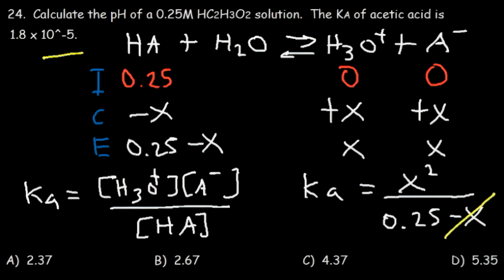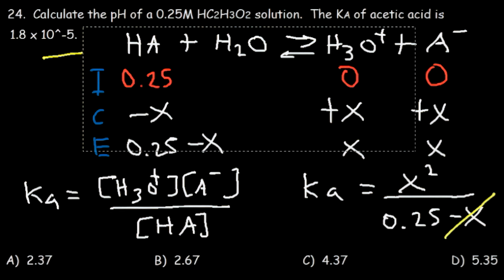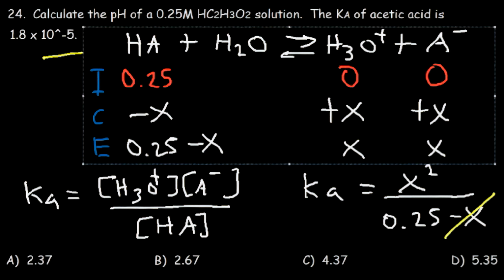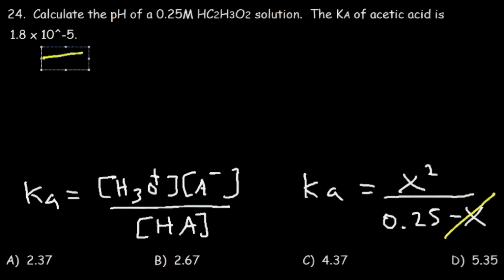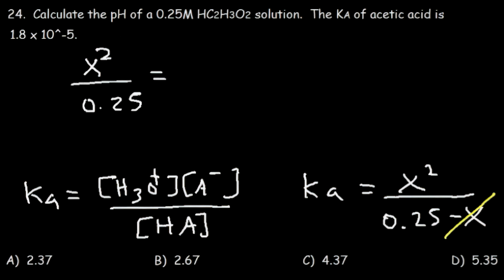So let me make some space first. So the simplified expression that we now have is x squared divided by 0.25, and that's equal to Ka, which we can replace with 1.8 times 10 to the minus 5. So let's put the Ka value over 1, and let's cross multiply.